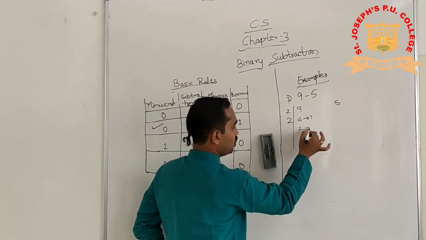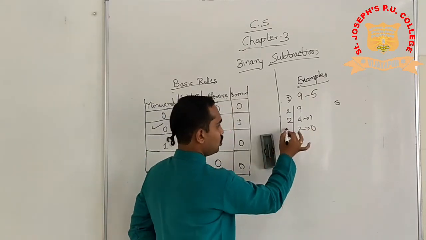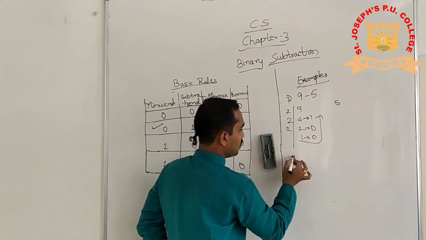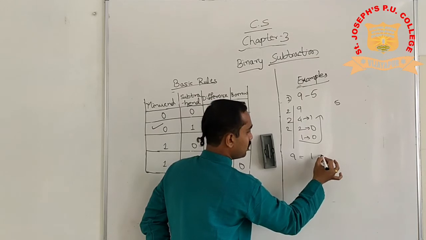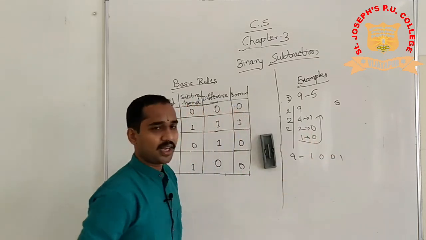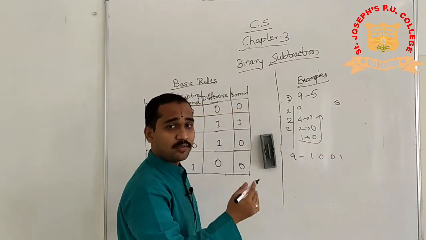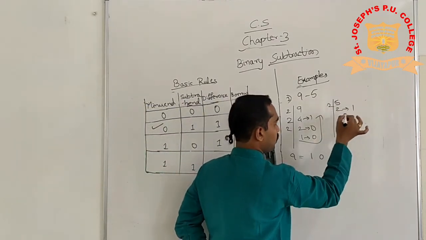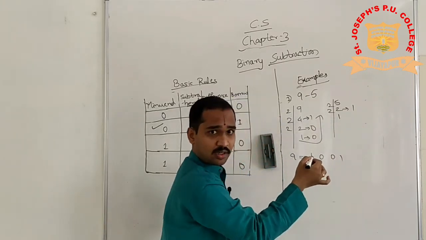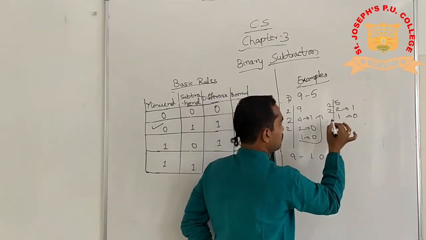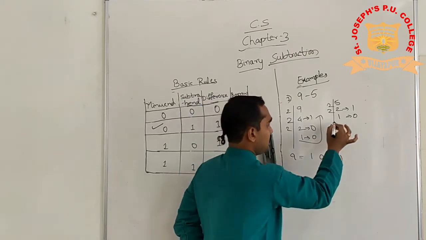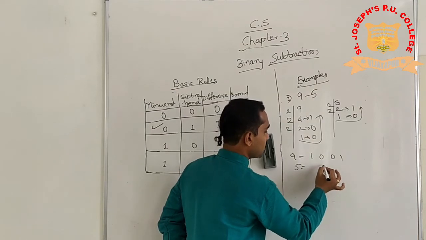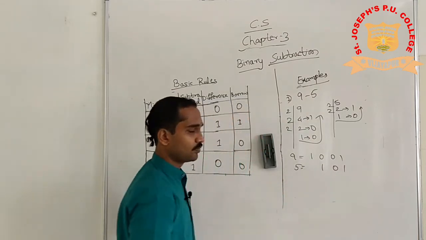Then 2 2s are 4, 0 is the remainder. 2 1s are 2, 0 is the remainder. Taken 1, so 9 will be equal to 1001, correct? 1001. Then 5, take the binary. 2 2s are 4, 1 is the remainder. 2 1s are 2, 0 is the remainder. You cannot divide it further, just take this 101, that is 5. Okay, so 5 will be written as 101, correct?